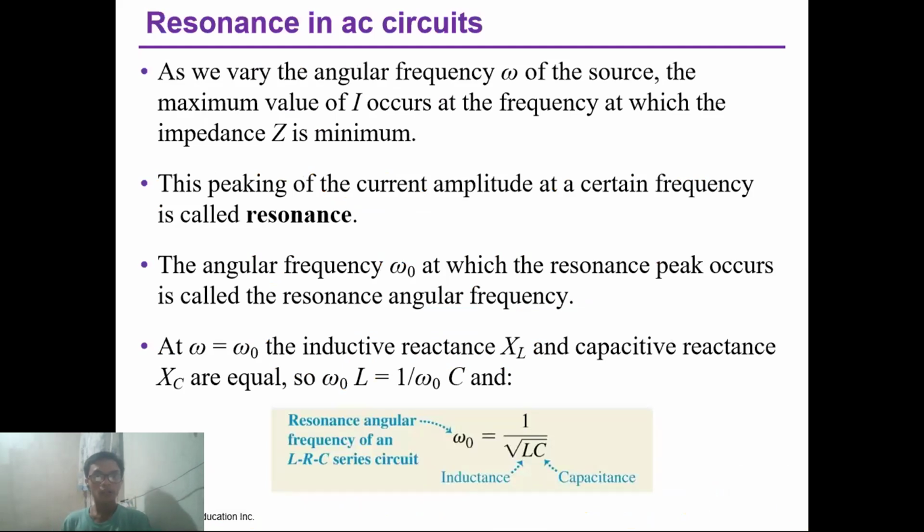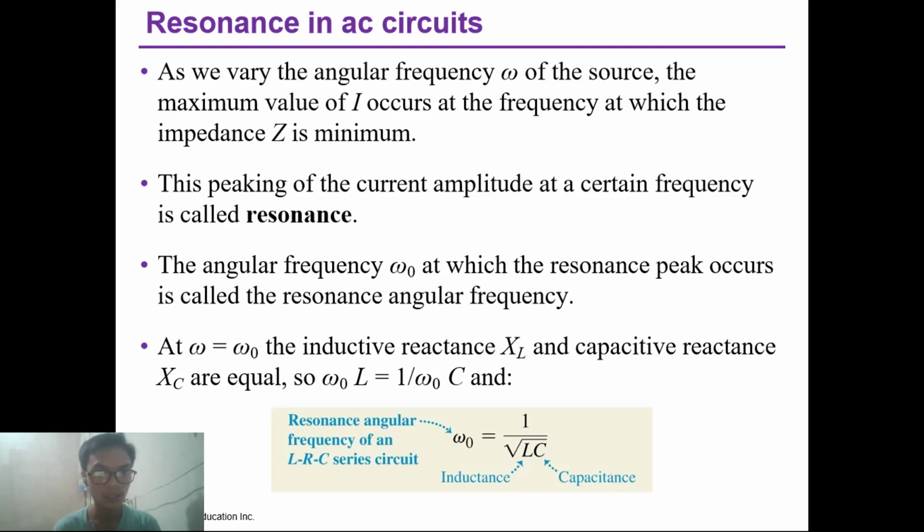As we vary the angular frequency of the source, the maximum value of the current occurs at the frequency at which the impedance is minimum. This peaking of the current amplitude at a certain frequency is called the resonance. The angular frequency at which the resonance peak occurs is called the resonance angular frequency.